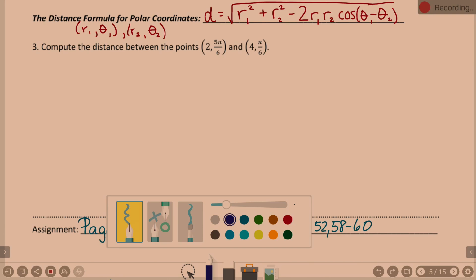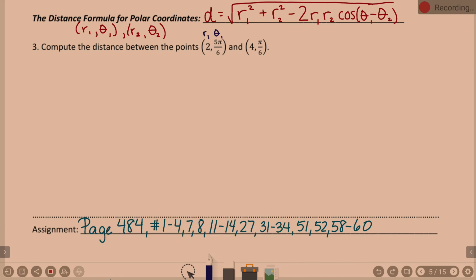Okay. What is provided? r1, theta 1. r2, theta 2. That's what's provided. I'm just labeling them so we know. Are you ready to go?